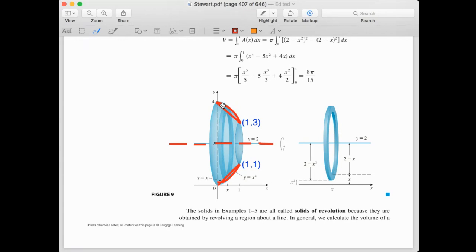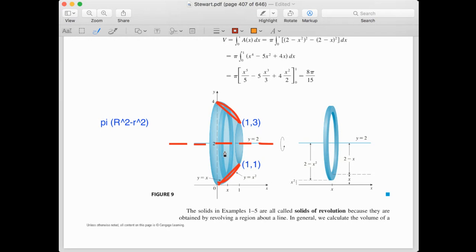Of course, we do pi r squared, but this is a washer, so we do pi big R squared minus pi small r squared. We want to subtract out the inner one: pi r squared for the outside minus pi r squared for the inner one.